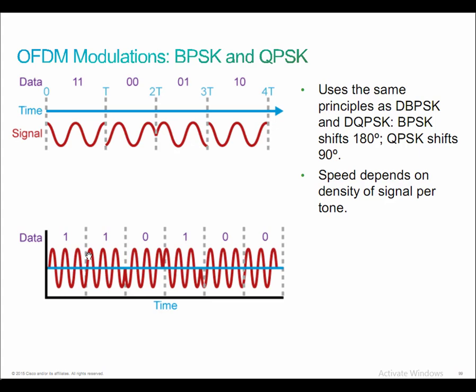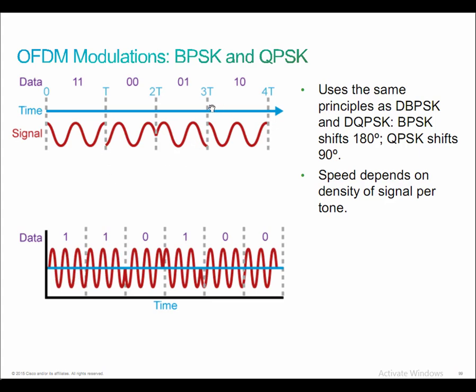But let's take a look at some of the other options. When the next value to be sent is different from the value that was just sent, a 0 following a 1 or a 1 following a 0, we shift 180 degrees. Change the direction 180 degrees. Okay? So if we're sending a multiple of 1s, we should only shift one phase shift, as opposed to down here where we're not shifting at all, right?